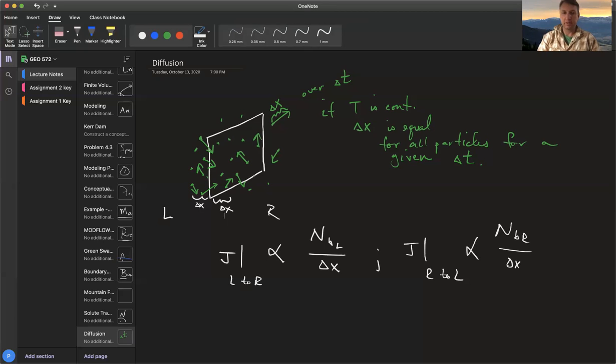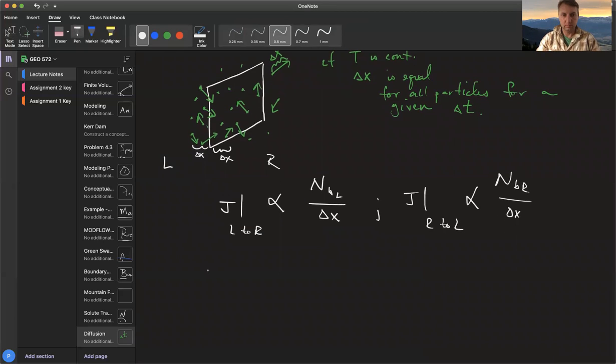So the net flux, the total flux, would be the flux of particles moving across from this minus the particles that move across from that side. The net flux J is J left to right minus J right to left, all over.